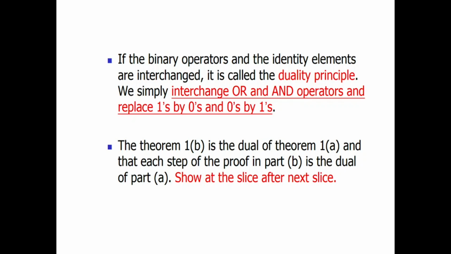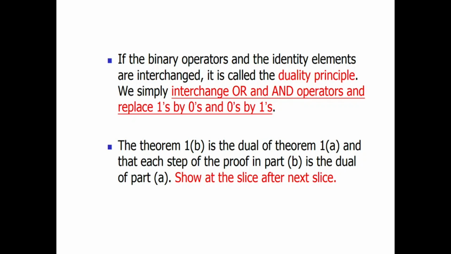If the binary operators and the identity elements are interchanged, it is called the duality principle. We simply interchange OR and AND operators and replace ones by zeros and zeros by ones. Interchanging of the AND operator and OR operator and interchanging of the binary values 0 by 1 and 1 by 0. This is the duality principle.